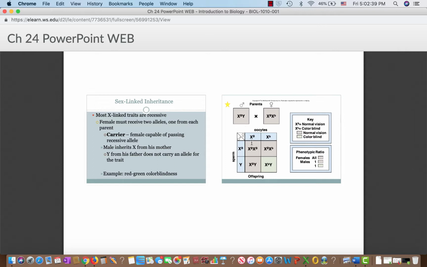The only way to get a colorblind female is if you have a mother who is either colorblind or a carrier and a father who is colorblind, because the father can then only pass on that one colorblind X chromosome to his daughter, and then depending on whether the mother is hetero or homozygous, she either has to or has a 50-50 chance of passing on the colorblindness trait to her daughter.